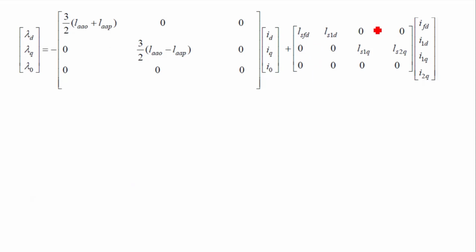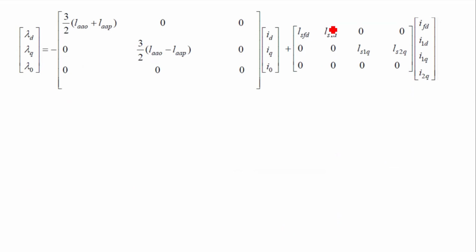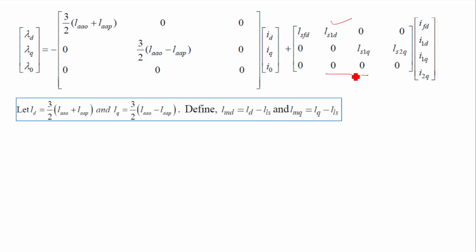And the second term, by multiplying TDQO with LSR, will give this expression: LSFD, LS1D, 0, 0, 0, 0, LS1Q, LS2Q, and all other quantities are 0.